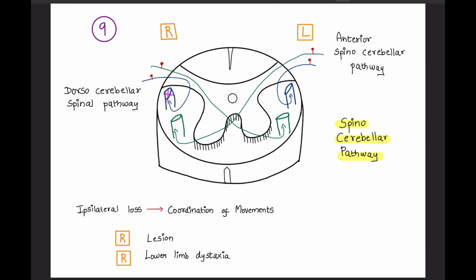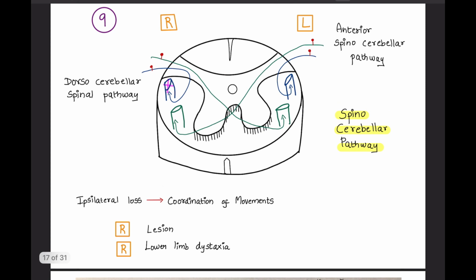If the lesion is on right side, then the clinical feature will also be on the same side, that is right side. So dorsospinocerebellar pathway, I have discussed this earlier. Cerebellum is the headquarters of coordination of movements. So there will be ipsilateral loss of coordination of movements.